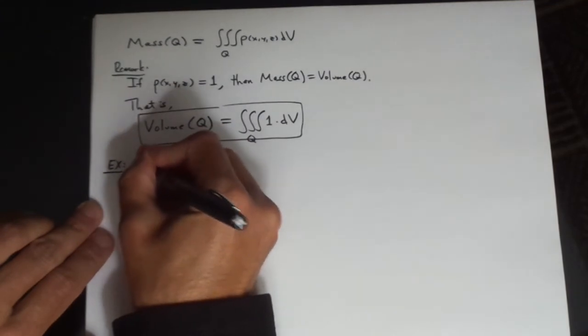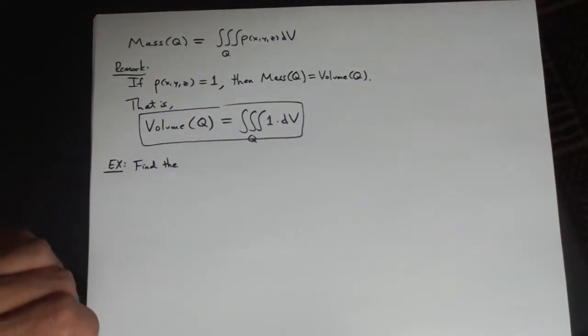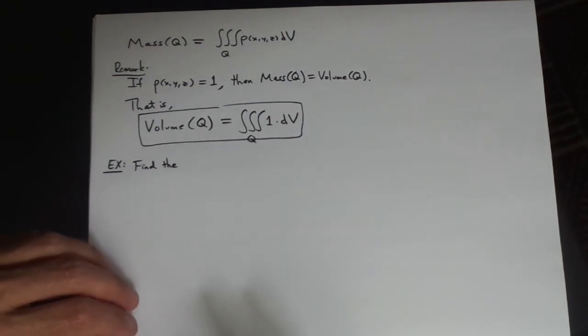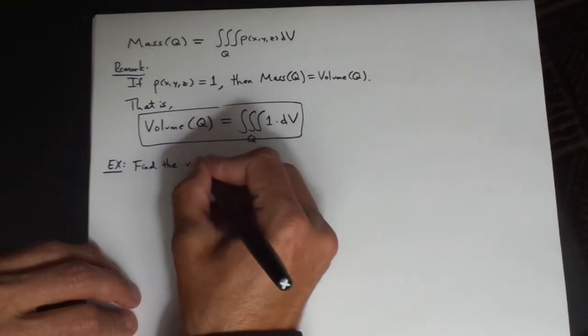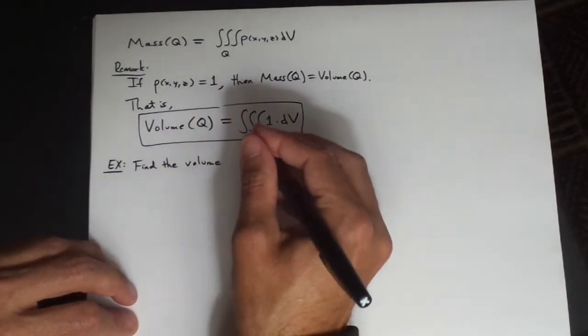Let's find the volume, and then I'm going to show you why the triple integral approach and the double integral approach really amount to the same thing. It doesn't really matter which way you view it. I'll set it up as a triple integral, though, since that's what we're talking about.